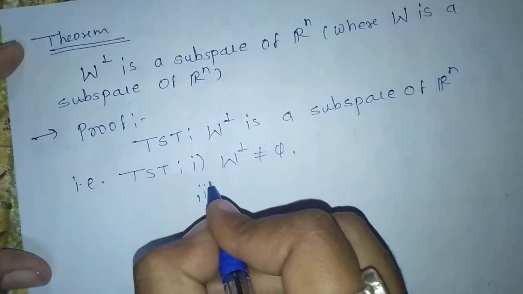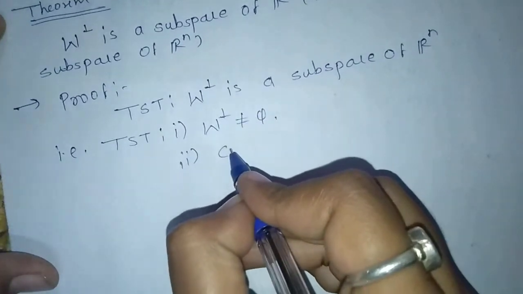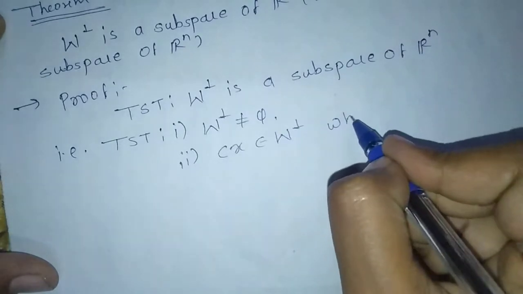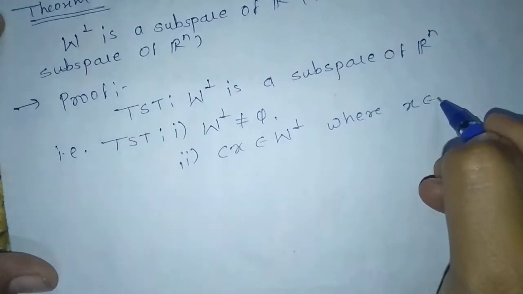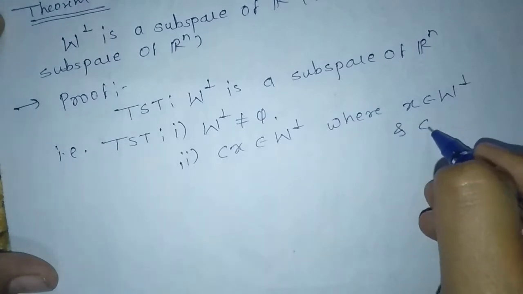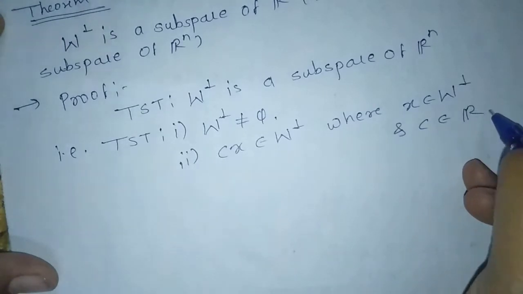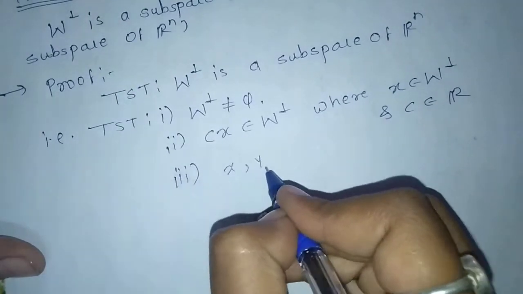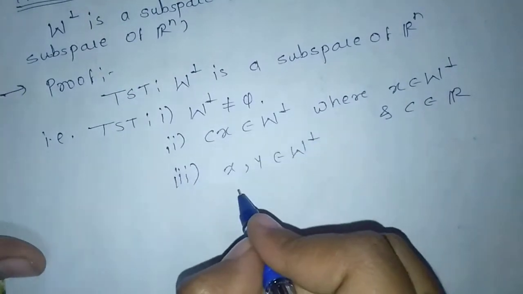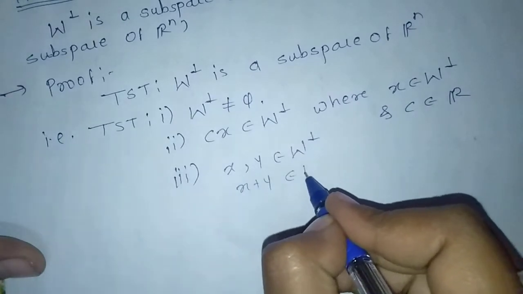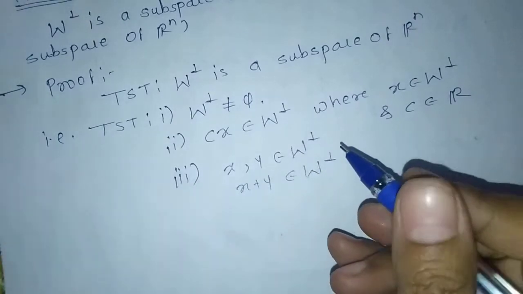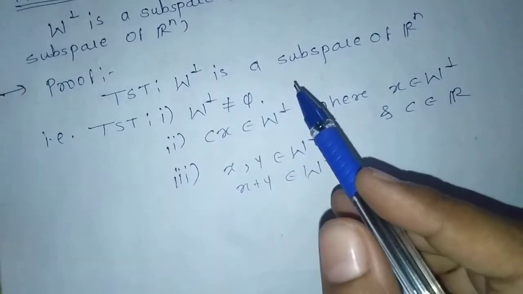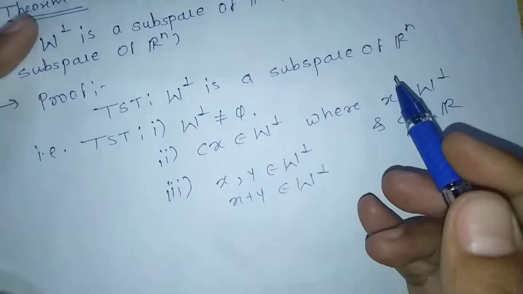Second, C times X belongs to W complement, where X belongs to W complement and C belongs to R, C is a scalar. And third, if X, Y belong to W complement, then X plus Y also belongs to W complement. When these three properties are satisfied, then we can say that W complement is a subspace of Rn.